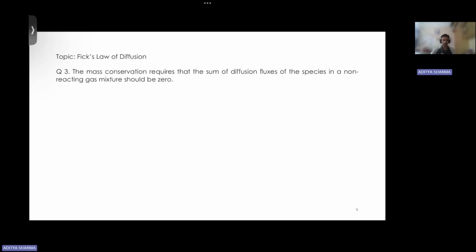Okay, so we can start with the remaining part of the session. So the next question is based on your fixed law of diffusion, and it states that the mass conservation requires that the sum of diffusion fluxes of the species in a non-reacting gas mixture should be zero.